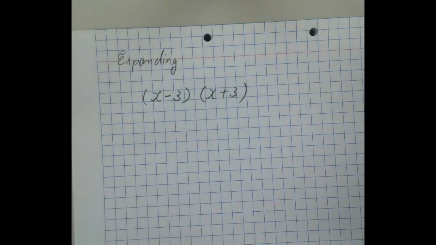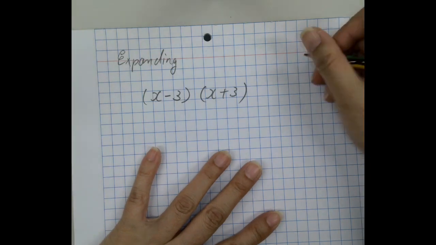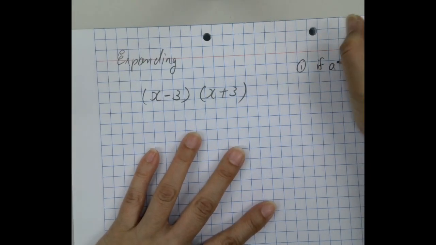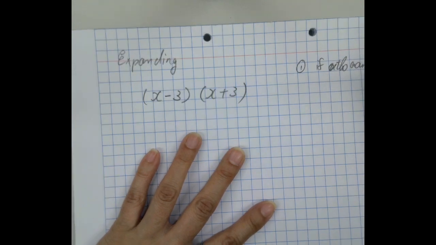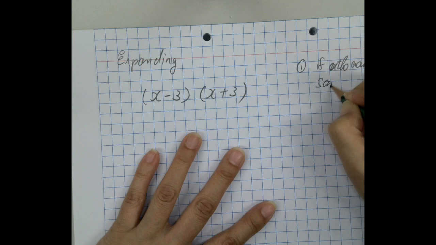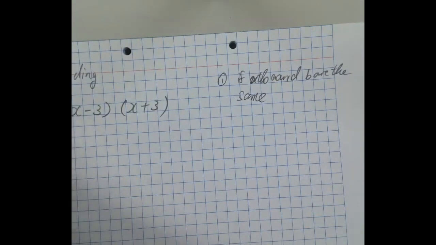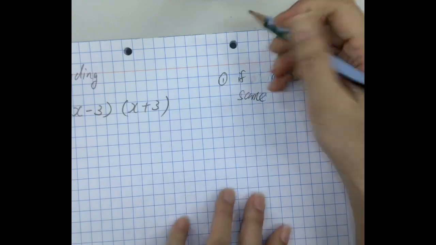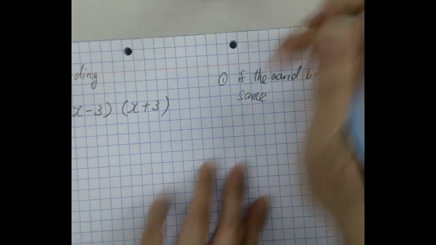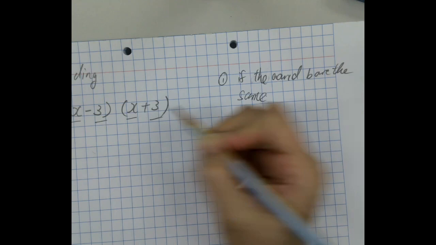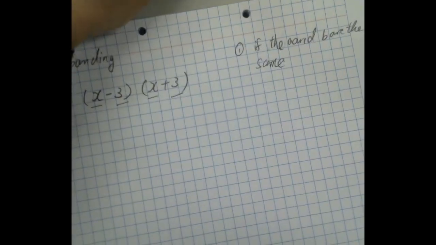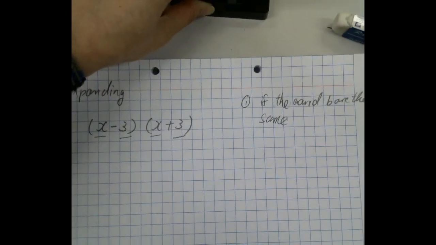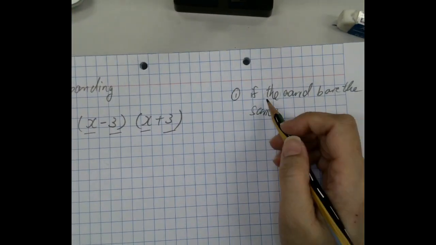First, we check if the a and b are the same: the first chunk and the second chunk, do they look the same? If they do, they are the same.